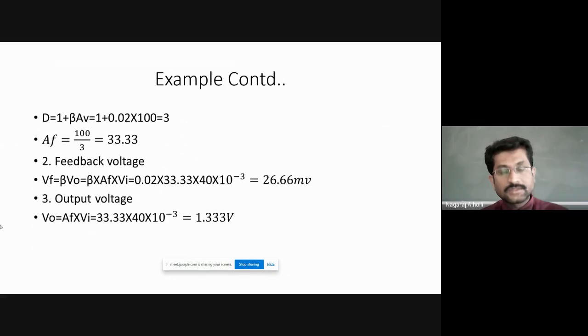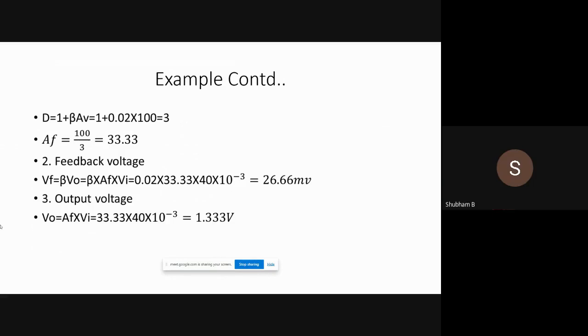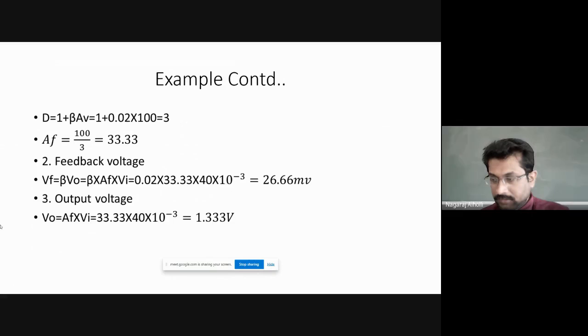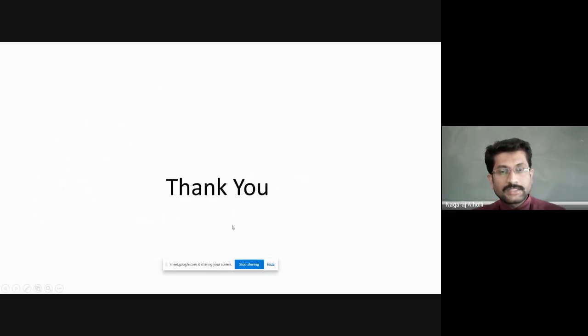What is the answer? 1.332, correct. So it is approximately 1.333 volts. Fine. So this is how you all have to solve the example here.